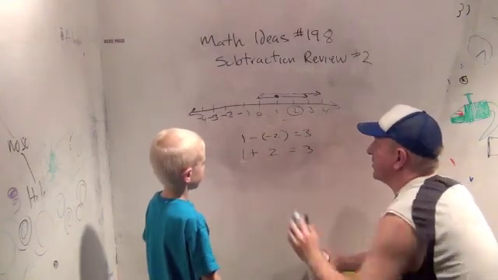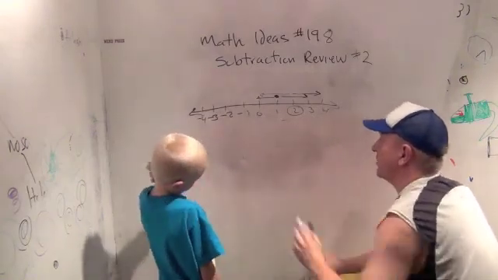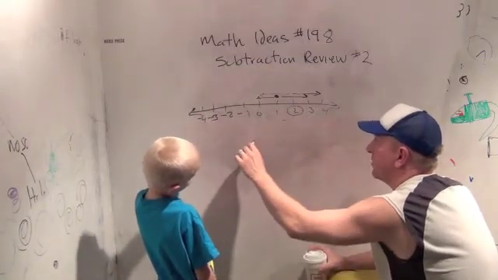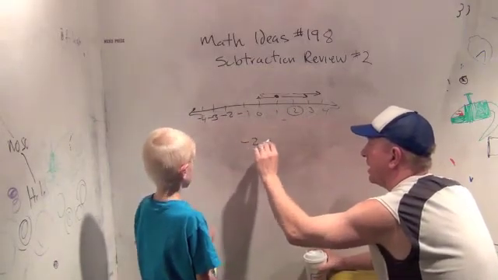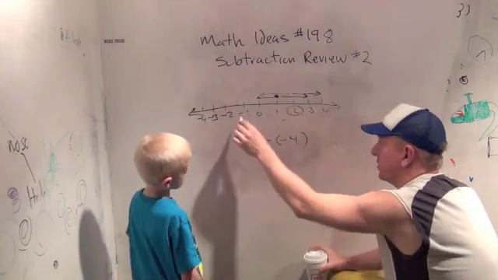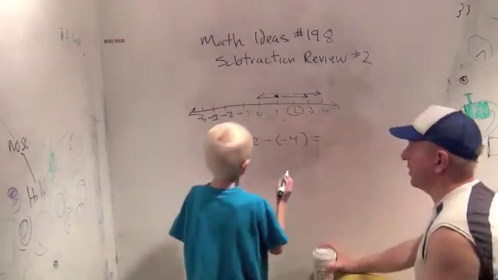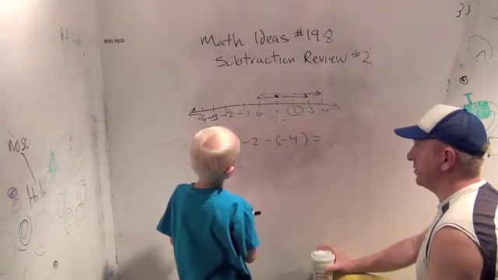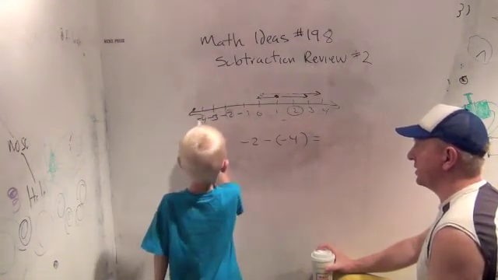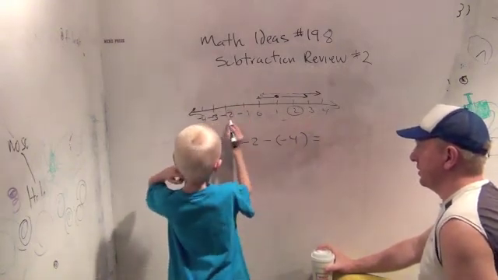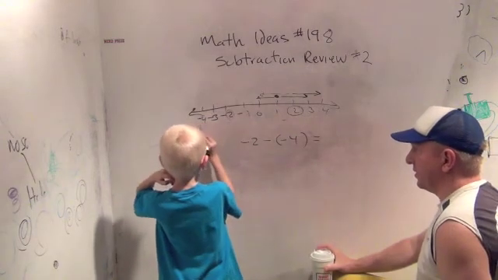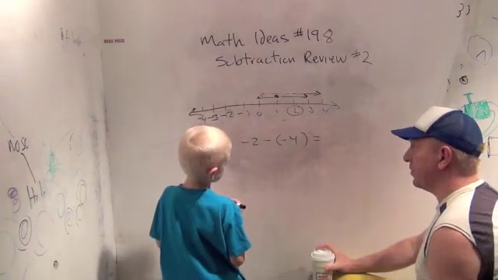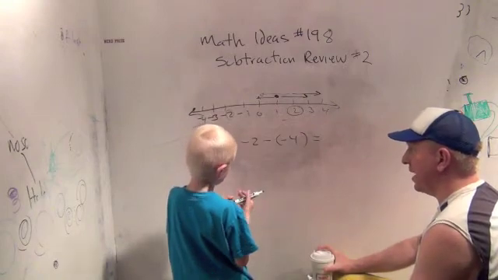And let's do one last one. Maybe this one's going to be a little tricky. I want you to draw for me on the board minus 2 minus minus 4. So where do you start on the number line? Here. Okay. Which way do you think you're going to go because we're minusing? That way. Draw a little arrow. But now we're doing minus 2 minus minus 4.